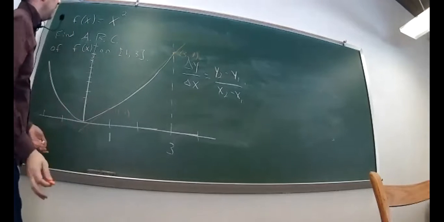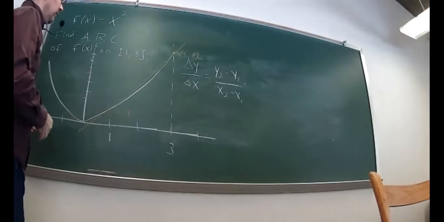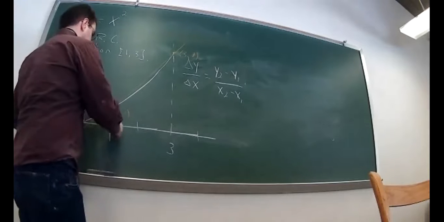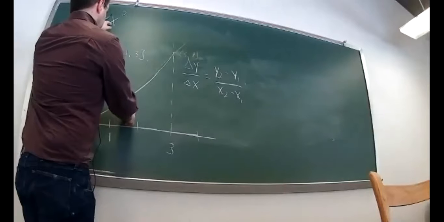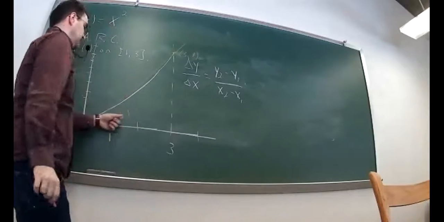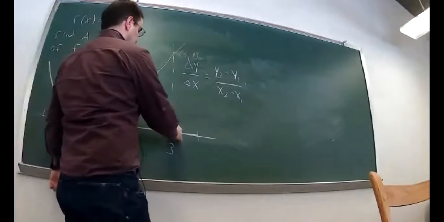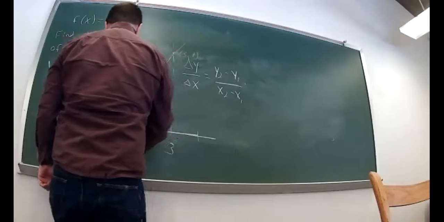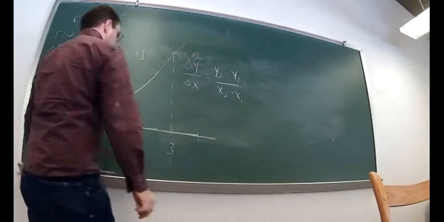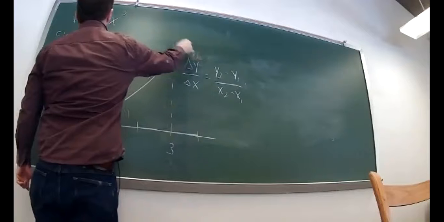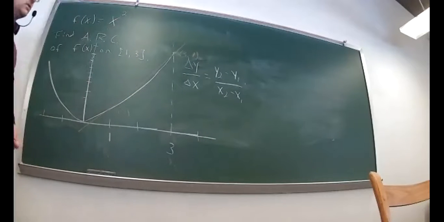It said find the average rate of change on the interval from 1 to 3, telling you your first x coordinate is 1. I plug 1 into x squared to give me 1. That's my y coordinate. My second x coordinate, my x2, is 3, and therefore my y2 is 3 squared equals 9.